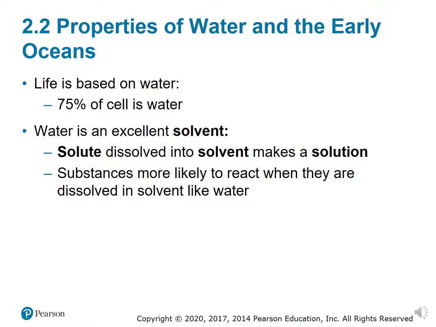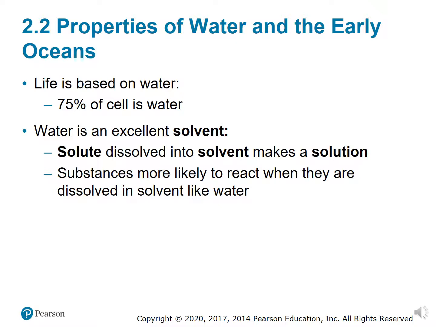Water is a very important part of chemistry, and just like CHONN, most life is 75% water. So every cell is most likely 75% water. Water is an excellent solvent. Solvent is the liquid part of a solution, and dissolved in a solvent is a solute.